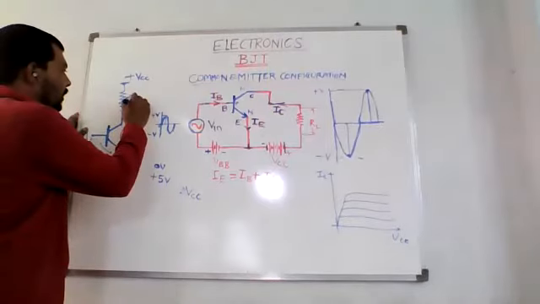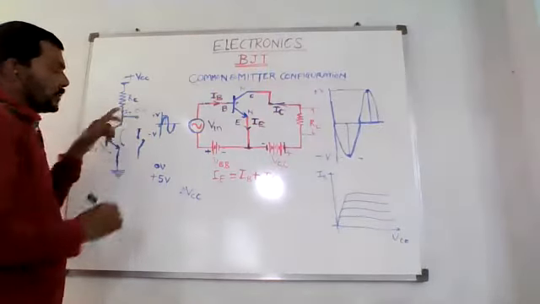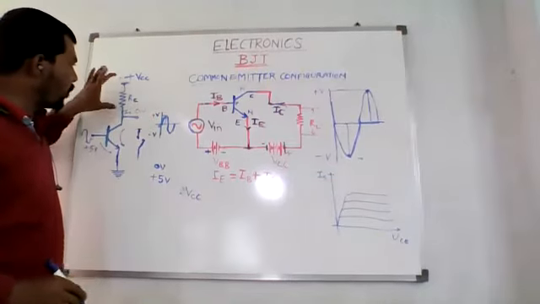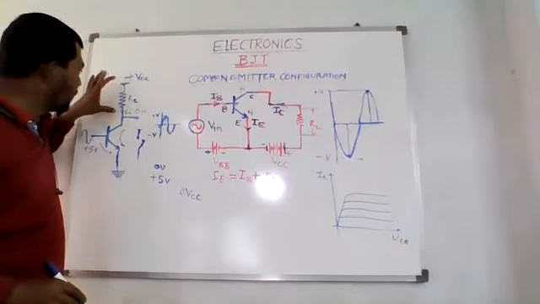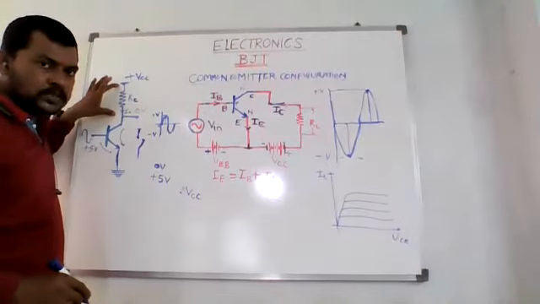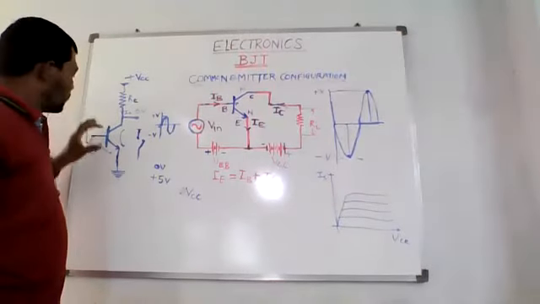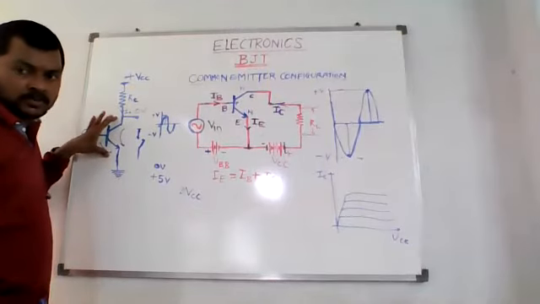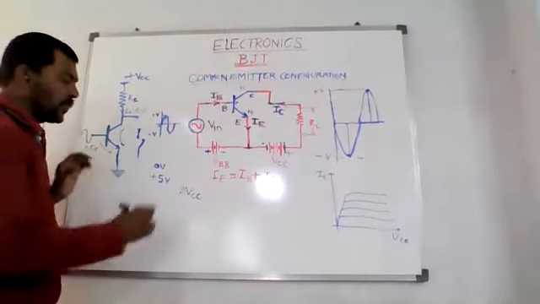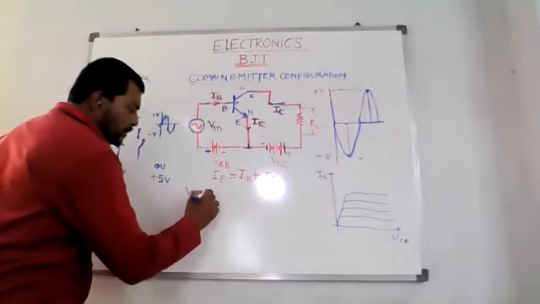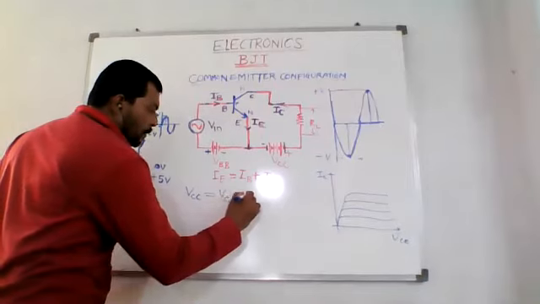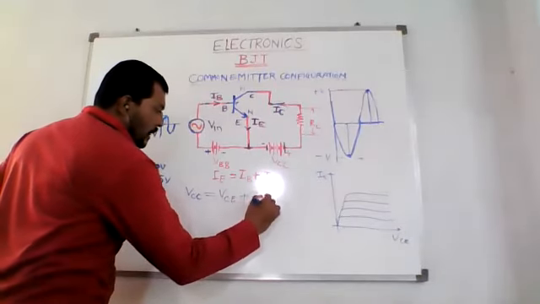So this is ICRC, in some notes written as RC, right? So there is a voltage drop. This VCC is divided into two parts. The first is across this, ICRC, and the second is across this transistor, which we will call VCE. So VCC is divided into two parts, VCE plus ICRC.